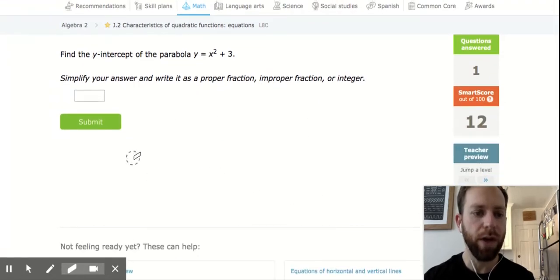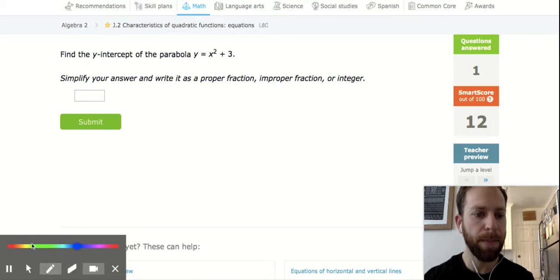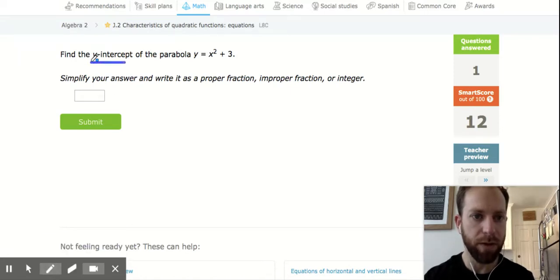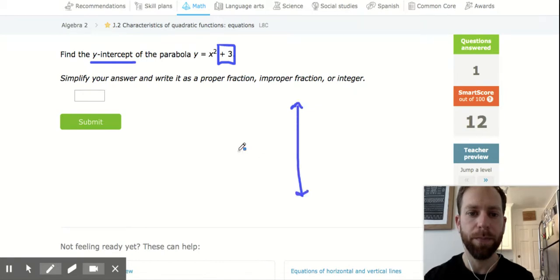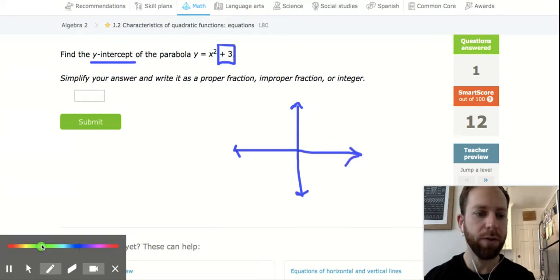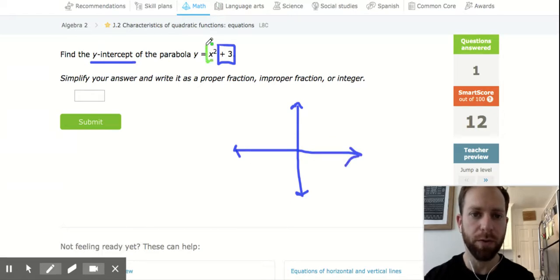In order to find the y-intercept of this, since this is what moves it up, this is the y-intercept. So if we were to graph this, the graph of x squared, if it was just x squared by itself, would look kind of like this, going through the origin, right?